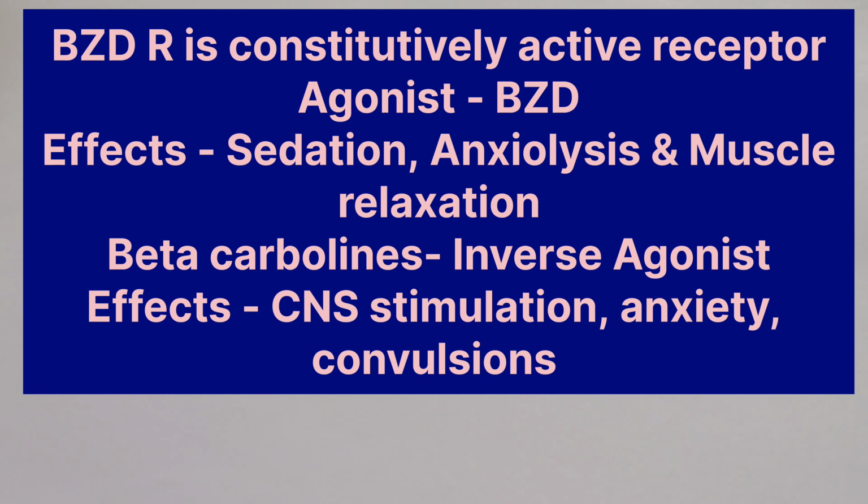For the benzodiazepine receptor, benzodiazepine is an agonist and acts on the benzodiazepine receptor and causes sedation, anxiolysis and muscle relaxation. Whereas beta-carboline, which acts as an inverse agonist, produces effects opposite to that of an agonist and causes CNS stimulation, anxiety, increased muscle tone and convulsions.